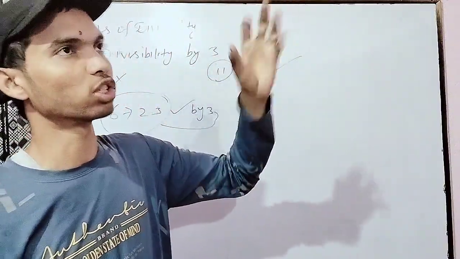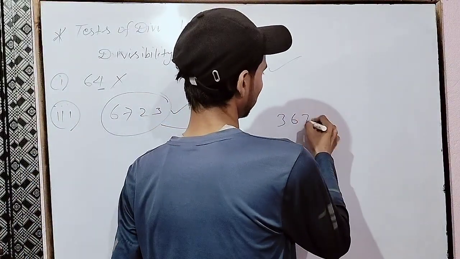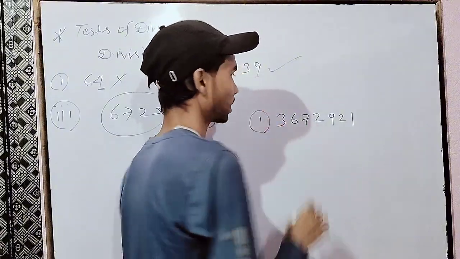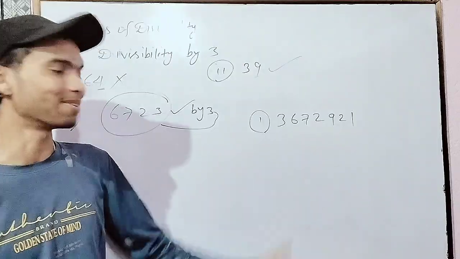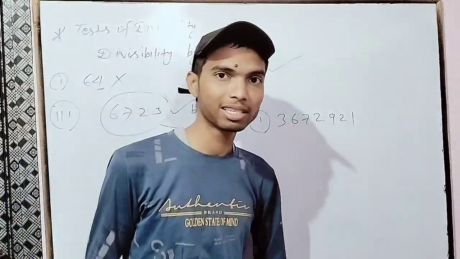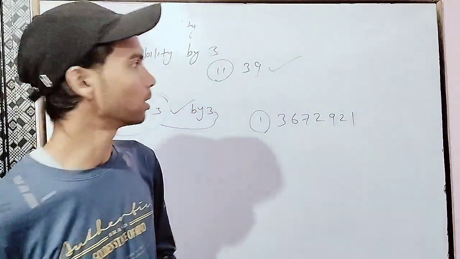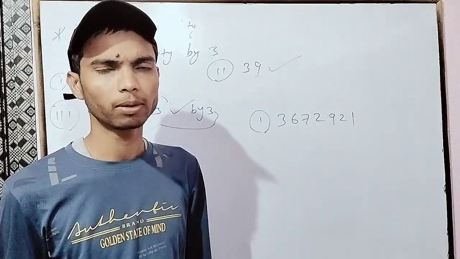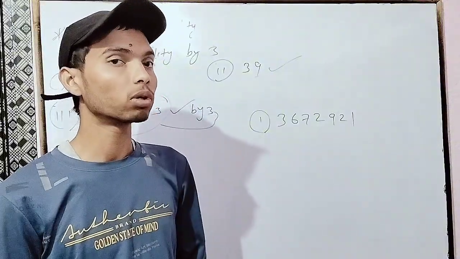What if the number has 6 digits, 8 digits, like this? Can it be told whether this number is divisible by 3? What will the rule be now? The rule says just add all the digits of a given number and then check whether the sum is divisible by 3 or not.